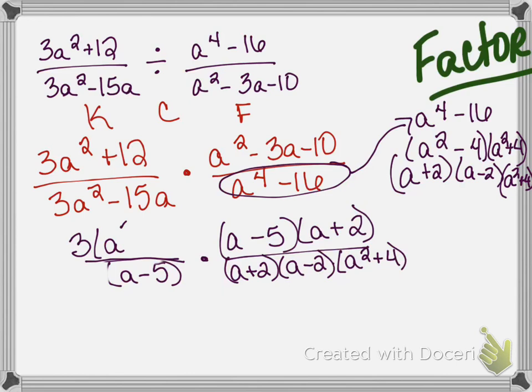So then I'm left with a squared plus 4. Thank you. Thank you very much. Okay, so that makes a difference. Here, I can cancel these 3's only, not the a. This a squared plus 4 and this a squared plus 4, they can cancel, which is good news.